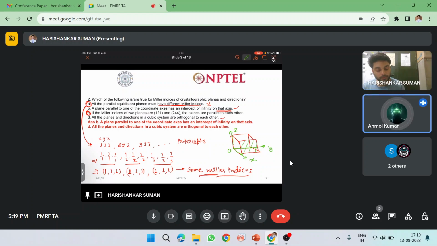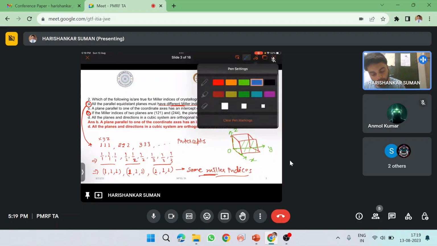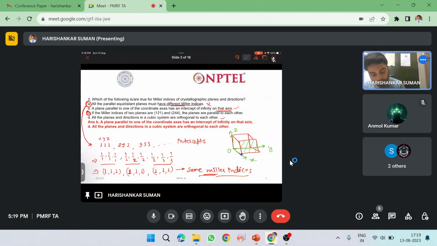Hello, 100. Why 100? Because on the x-axis this plane intercepts at 1. Let's say the unit is 1, and it is parallel to the z-axis and also the y-axis.